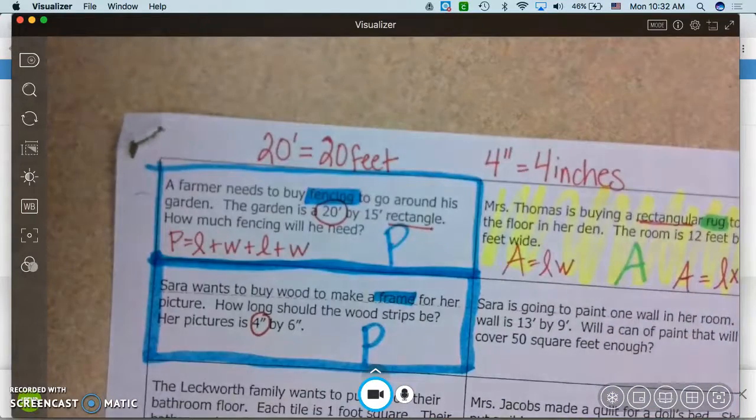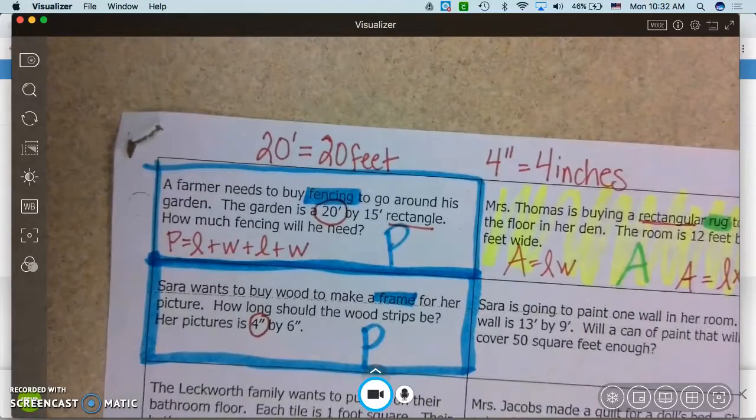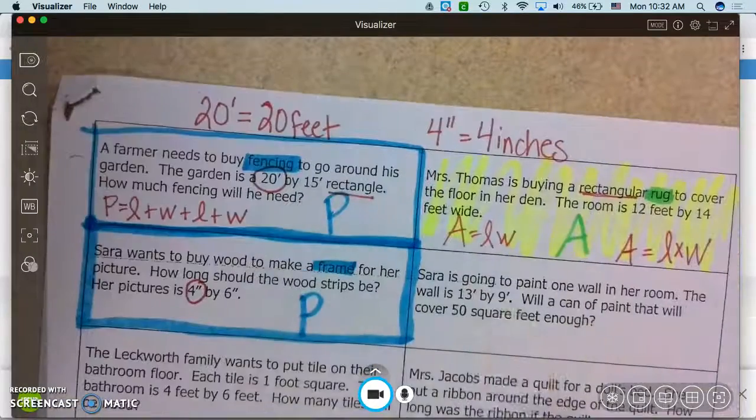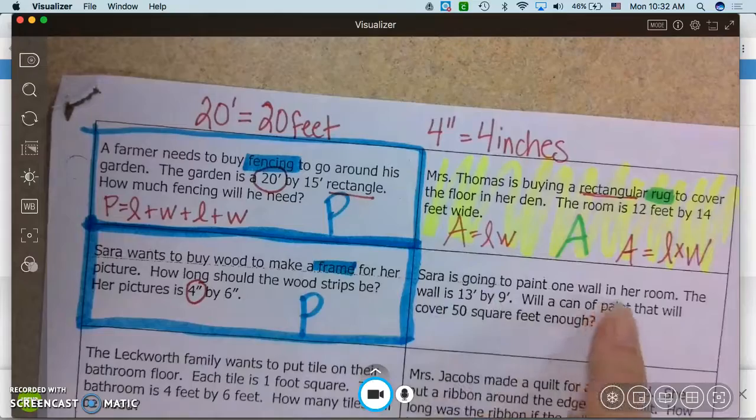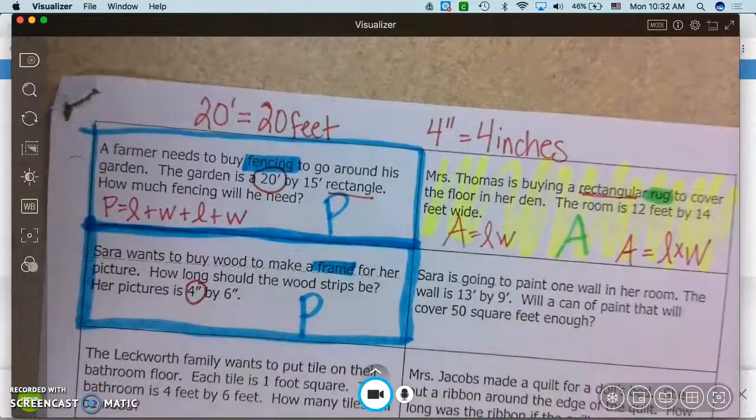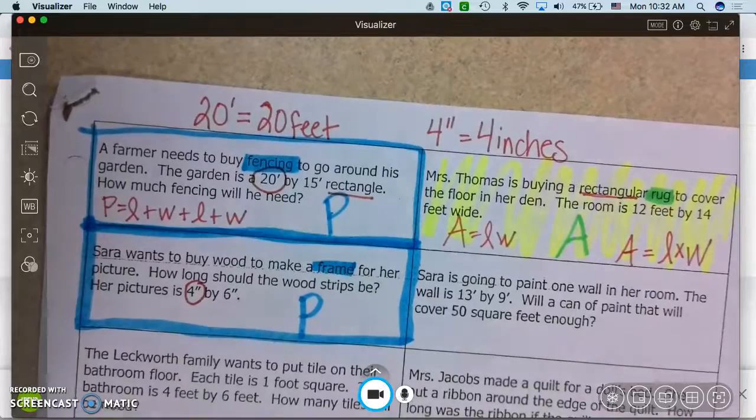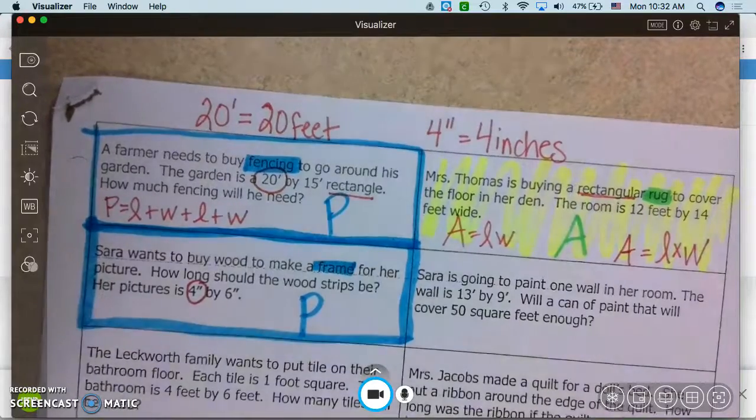It's the rim, right? Okay, now let's look at the one on the right. Now Sarah is going to paint one wall in her room. Read that one to yourself. Raise your hand if you want to share with me what you think that one is.